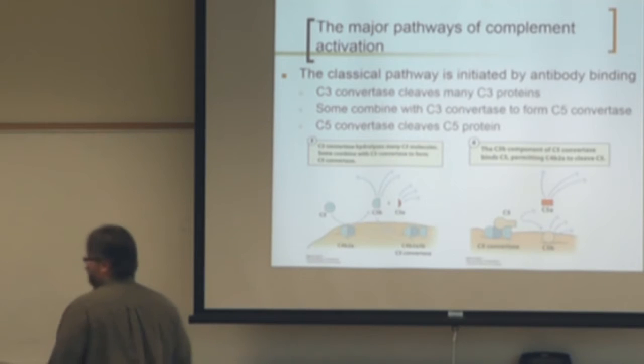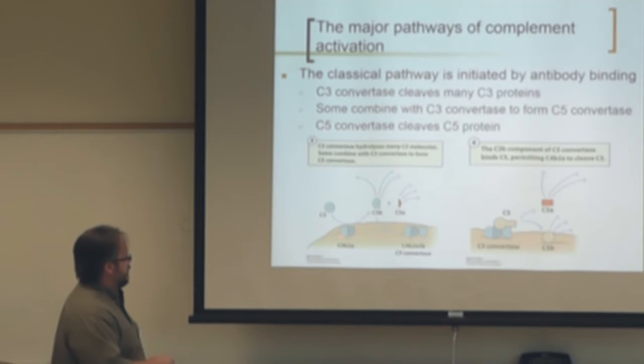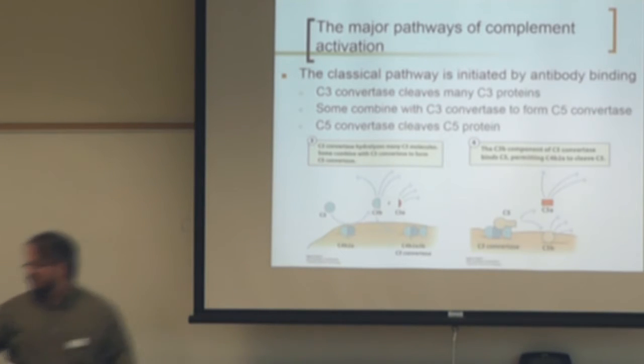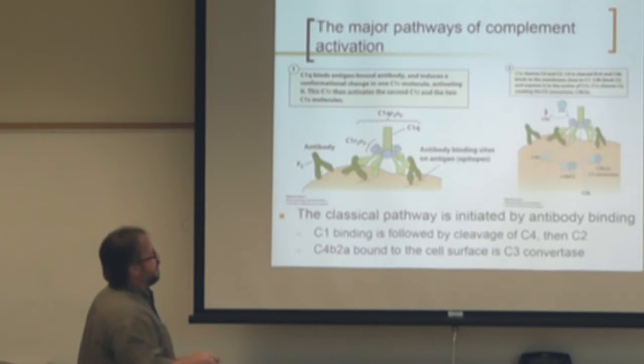Excuse me, can I ask you a question? Yes. What's the C4b2a? So C4b2a is the C3 convertase. So remember, when this C1 binds to an antibody, it's going to have enzymatic activity that breaks down C4 into C4a and C4b.